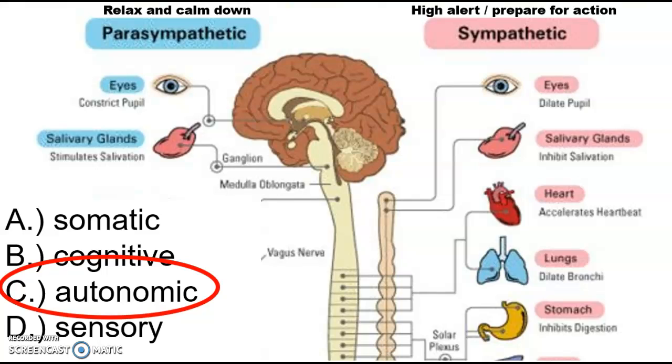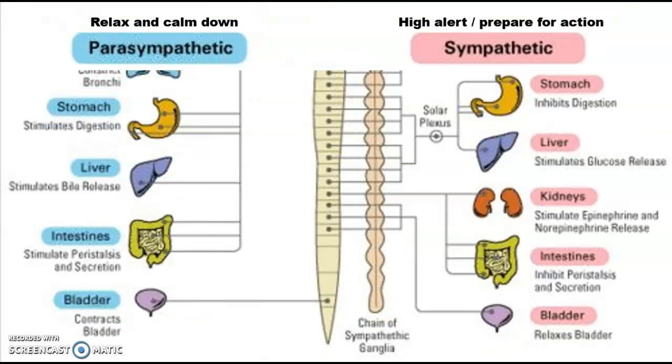We do not have conscious control over this, which in turn is subdivided into the parasympathetic, which relaxes and calms us down, and the sympathetic nervous system, which hypes us up and gets us ready for action. They work together as opposites, whereas one starts digestion, one stops digestion. One contracts the bladder, the other relaxes the bladder.